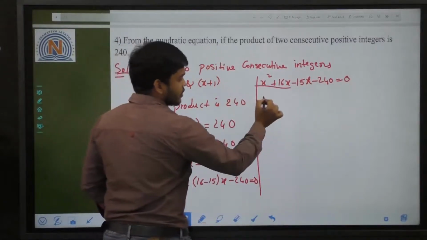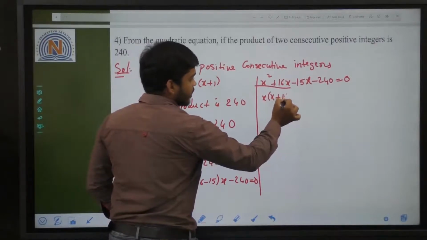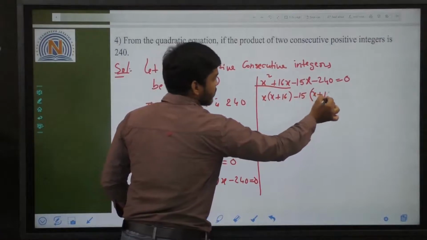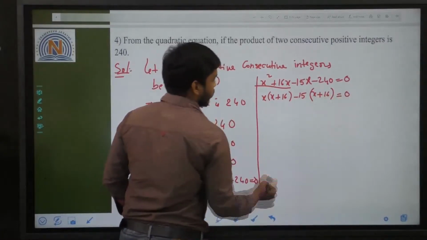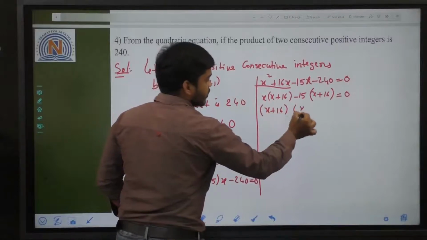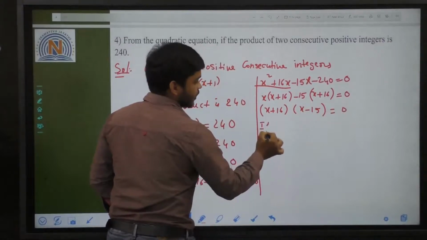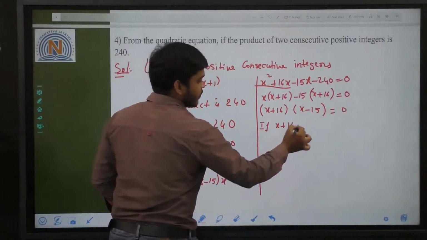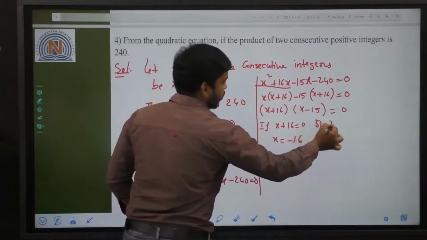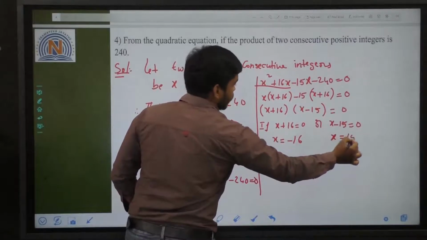In these two terms x is common, so x into (x plus 16), and taking minus 15 common, (x plus 16) equals 0. So (x plus 16)(x minus 15) equals 0. If x plus 16 equals 0, x is minus 16, or x minus 15 equals 0, x is 15.